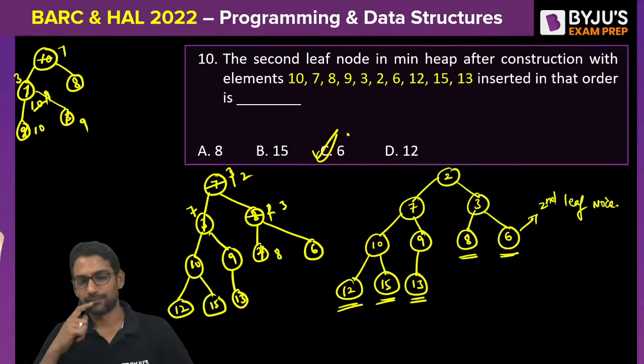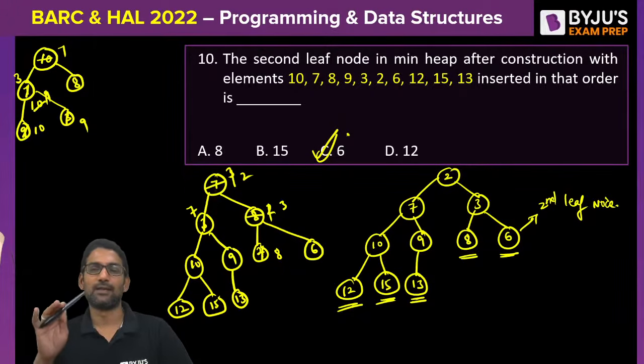Okay. Nishant, Satyam B. Naik. I think these two only have given the right answer. We want the leaf node, not the level or at a particular level.